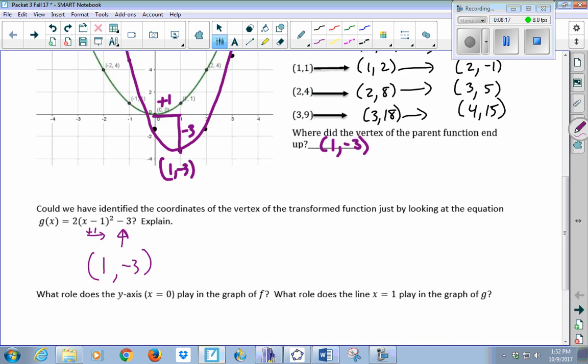We can see that by looking at this form of our equation, which is not polynomial, because we've got 2 times the quantity x minus 1 squared, minus 3. Notice we don't have this in the ax squared plus bx plus c form. There's multiplication going on right here, and there's subtraction. So we don't have it in polynomial form. We have it in a different form. But with this form, we can look at it and pluck off the coordinates for our vertex.